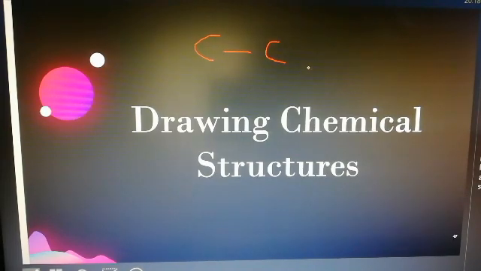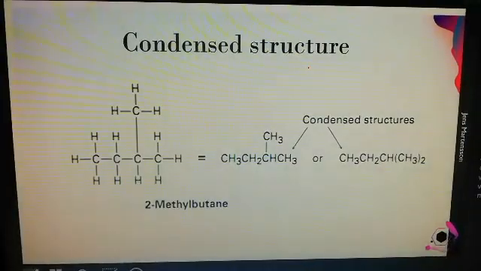Diba? Nakakapagod. However, yung mga chemists natin, they have devised several shorthand ways for writing structures. So, we have the condensed structure.